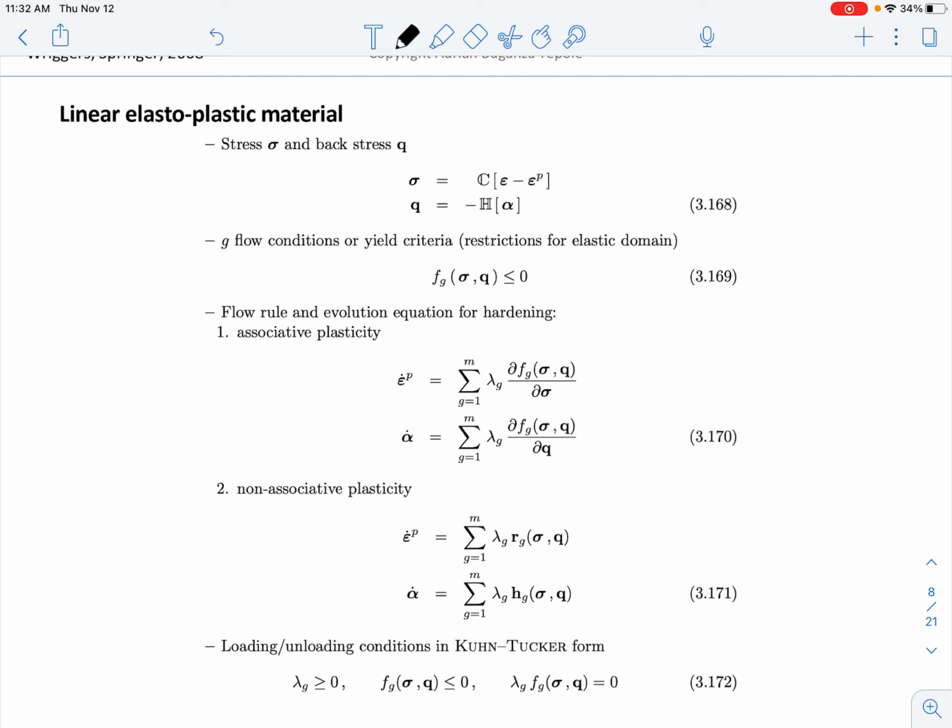For non-associative plasticity, then the plastic flow and the hardening parameters are just some functions, not necessarily given by the yield condition. So some function for the plastic flow and some function for the hardening.